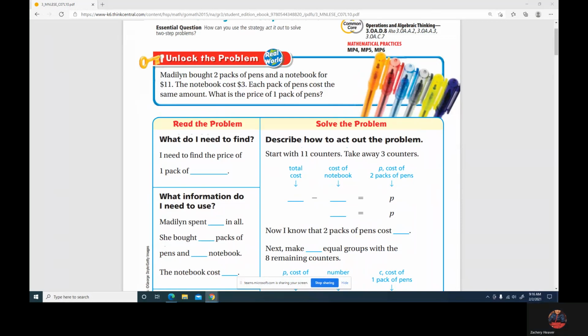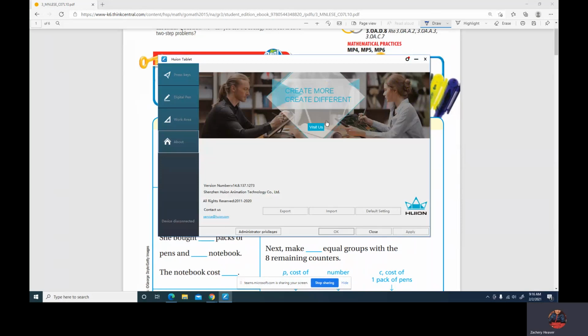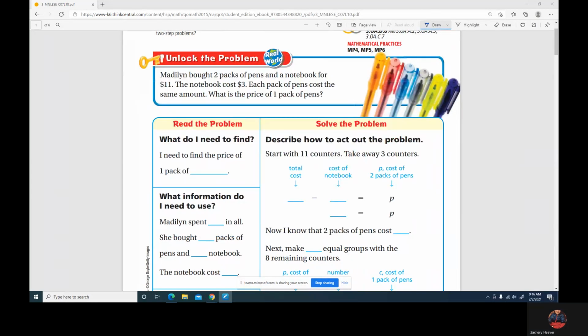Okay, so where's my pen at? Ooh, my pen's on the other screen. Hold on. Let me get my pen too. I'm working on 2 different screens, so my pen is sitting on the other screen.